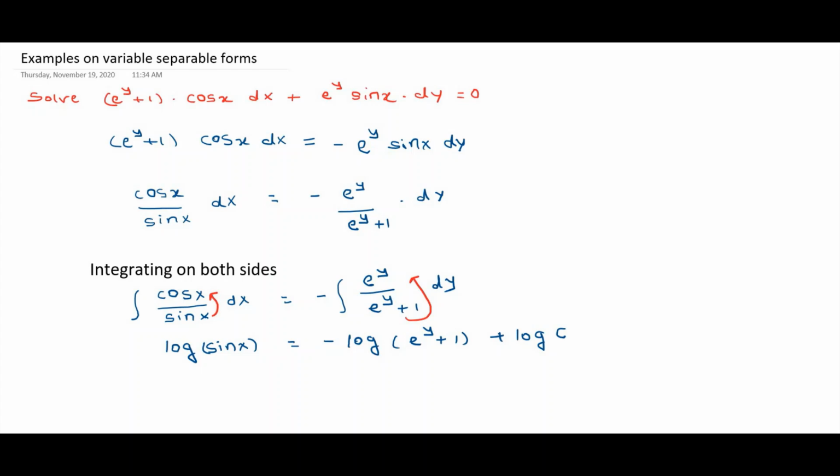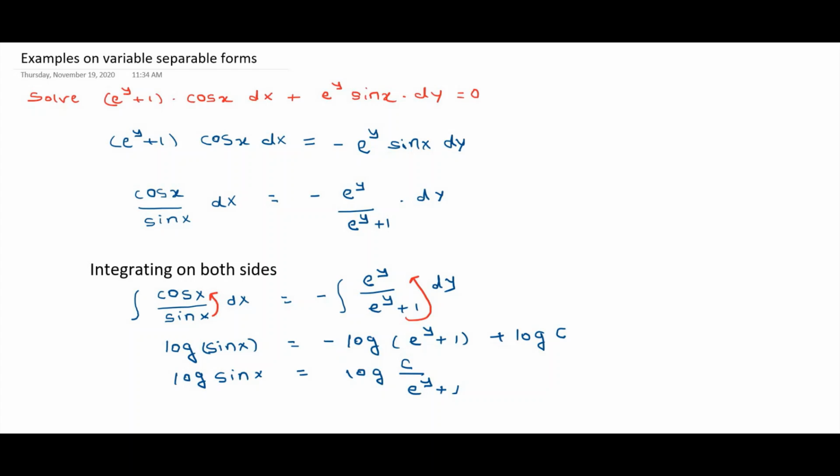Now this term we can write it as logarithm of sin x is equal to logarithm of, so this is log u minus log v. Log u divided by v means log c divided by e raised to y plus 1.